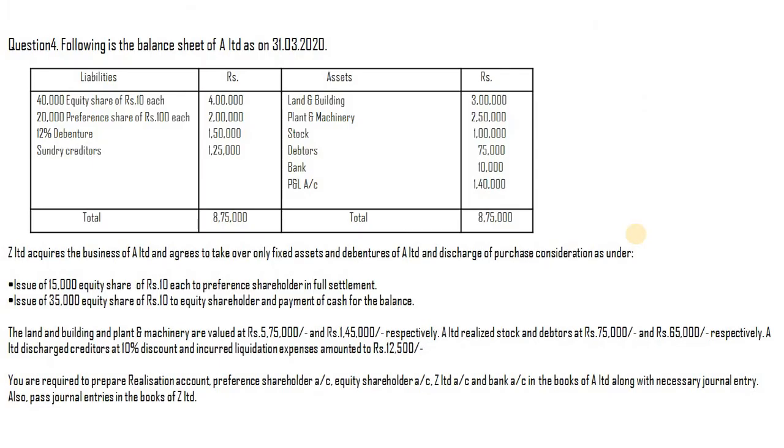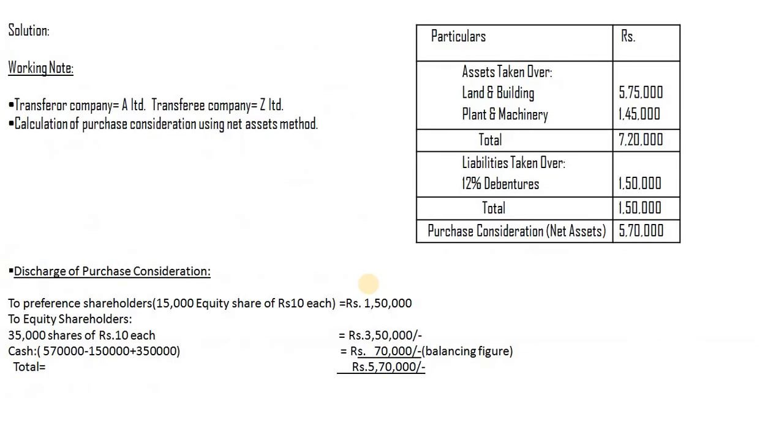Second thing is how purchase consideration is discharged. Here we have 15,000 equity shares of rupees 10 each to the preference shareholders in full settlement, right? So preference shareholders will get 15,000 equity shares, and each share will cost rupees 10. So total value for preference shareholders in the new company will be 1,50,000, right?